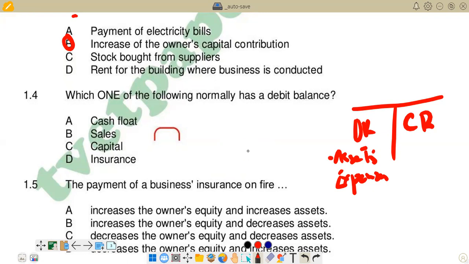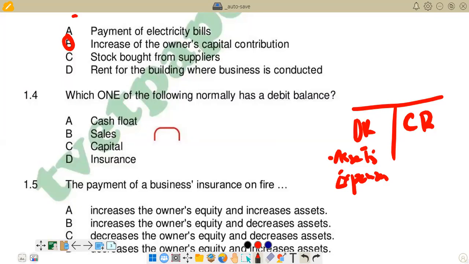And if we sell on credit, it means we are going to debit the person or business that we've sold to on credit. So B is out. Then capital: when the owner contributes money, that money is debited in the bank account and then credited to capital. Capital is credit again.